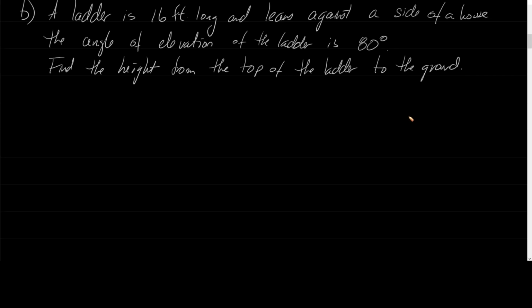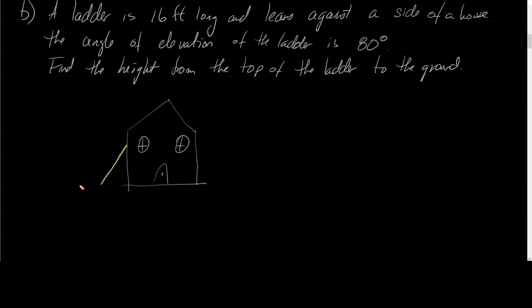All right, so I'll read it again. It says a ladder is 16 feet long and leans against the side of a house. The angle of elevation of the ladder is 80 degrees. Find the height from the top of the ladder to the ground. So the very first thing we want to do here is draw a visual. So what do we have here? We've got a house. All right, so this is my awesomely drawn house. Now, along this house, we've got a ladder leaning on it.